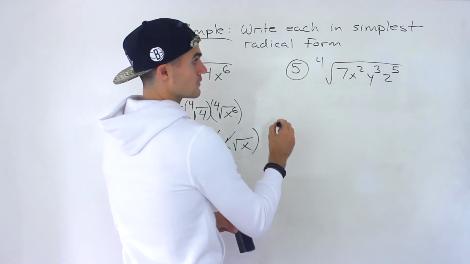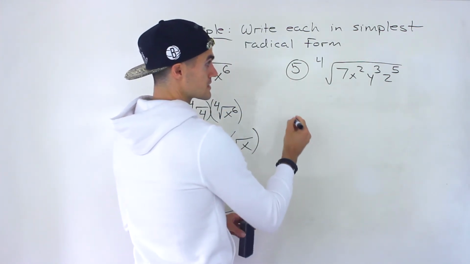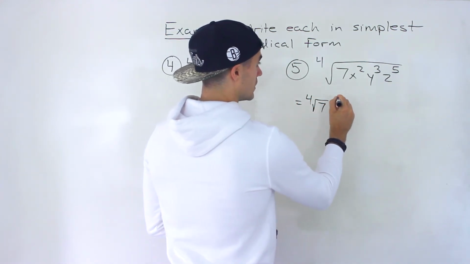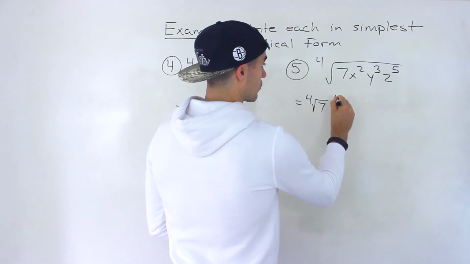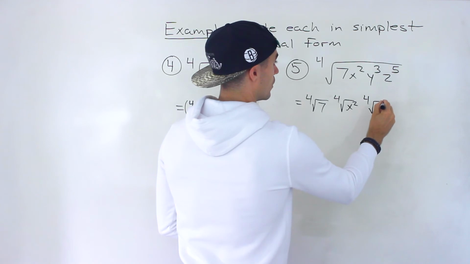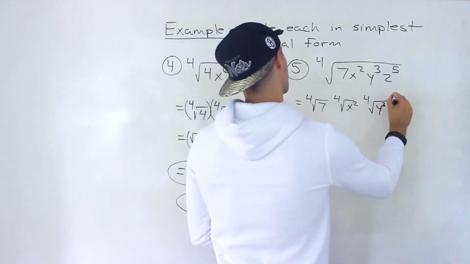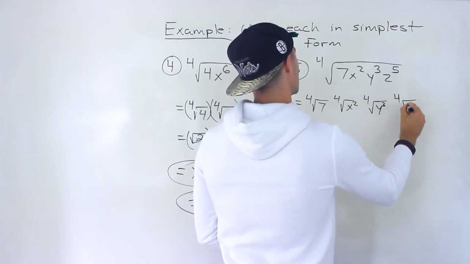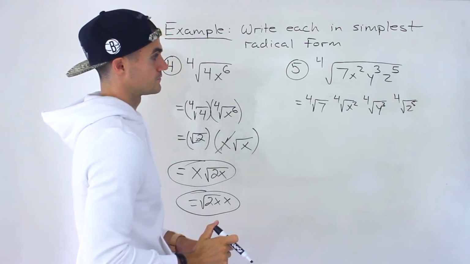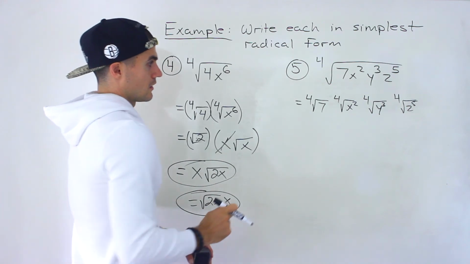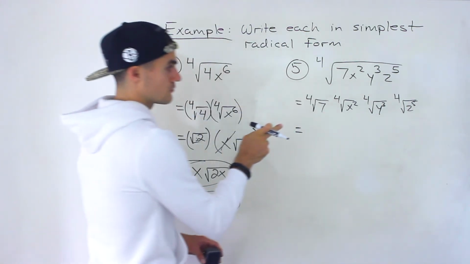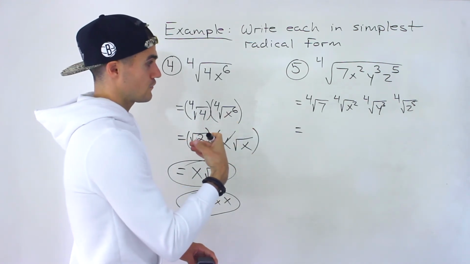We got the fourth root of 7x squared y to the 3 z to the 5. So we can rewrite this as fourth root of 7, fourth root of x to the 2, fourth root of y to the 3, and then the fourth root of z to the 5, like that. And so here, the fourth root of 7, that doesn't simplify any further, right?